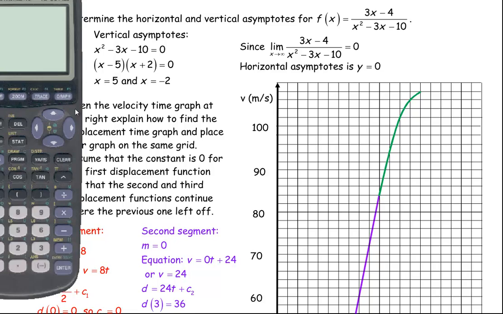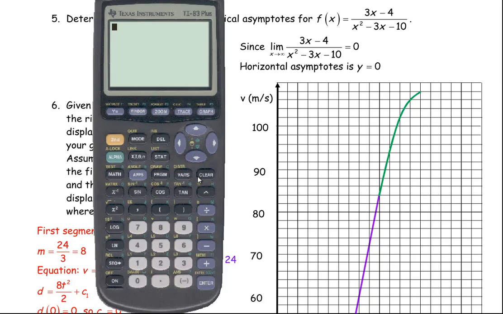Now, you can numerically get an idea what this asymptote is as well if you substitute a large number in for x. So for example, let's say I put 1,000 in place of x, a relatively large number. I could put something bigger.